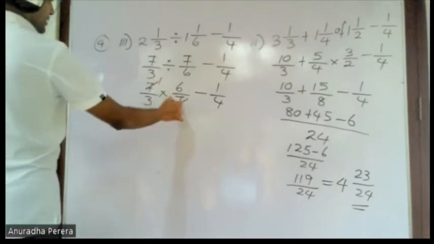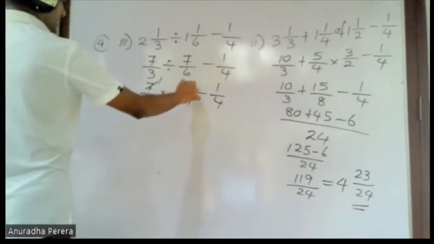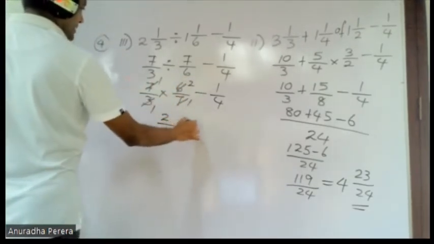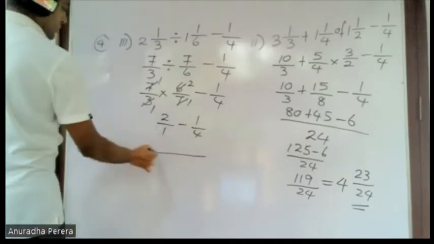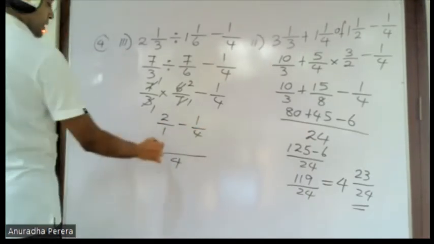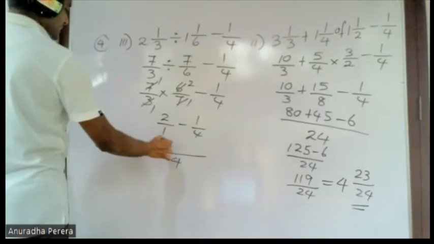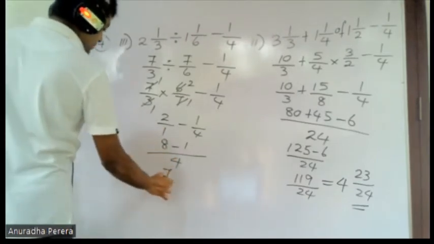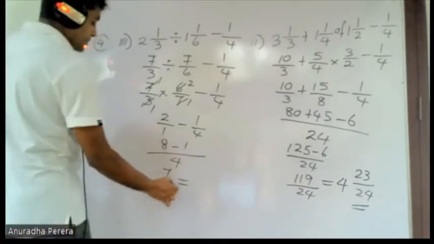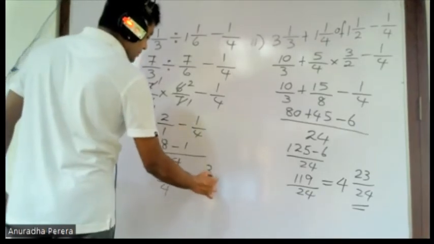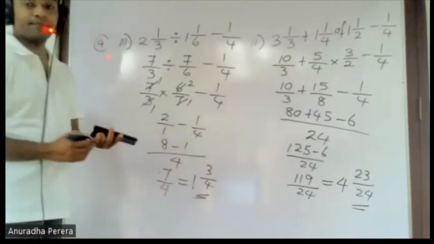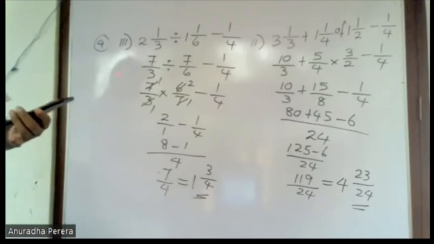Dividing by 7, 2 over 1 minus 1 over 4. Common denominator 4. 4 into 2 is 8, minus 1, 7 over 4, which is 1 3 over 4. Is that the answer? Yes, sir. Right.